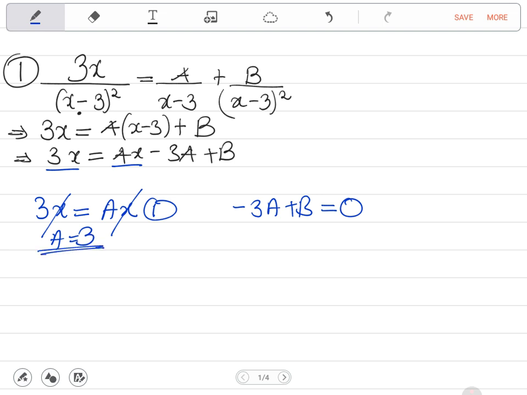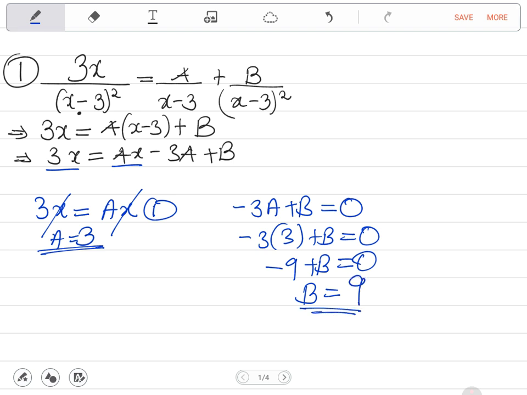If you know what a is, you can find b. Negative 9 plus b. And b is what? b is 9. So my a is 3 over x minus 3 plus 9 over x minus 3 squared. You're done.